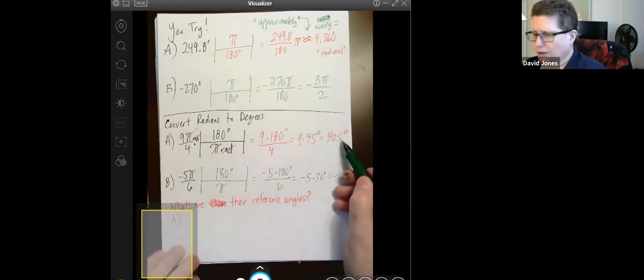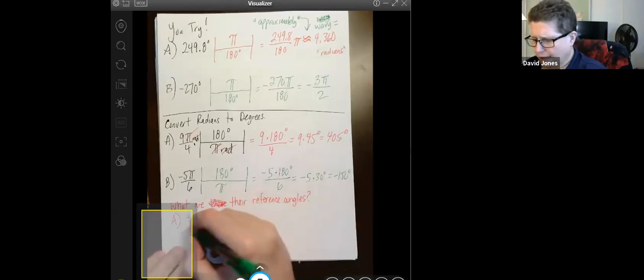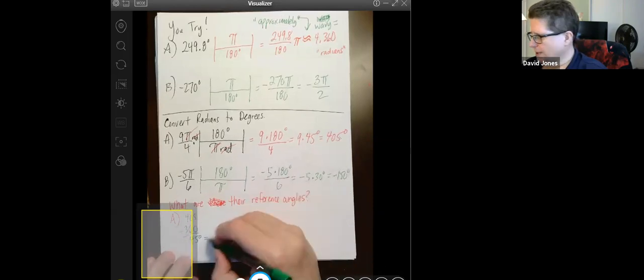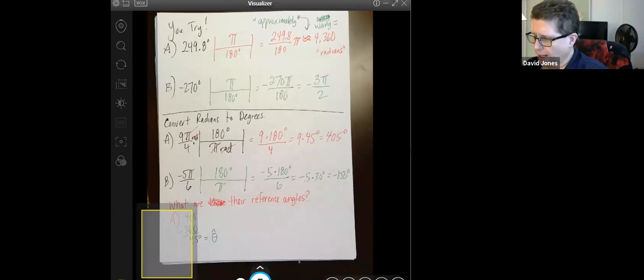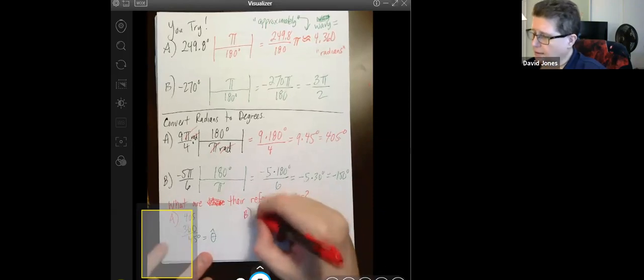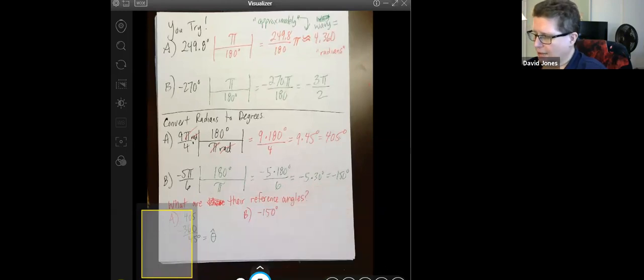Remember, we want to get it where it's the least positive one. So we've got 405 minus 360, 45 degrees. So that's our reference angle. And the other one, we've got negative 150 degrees. We'll add 360 to it.